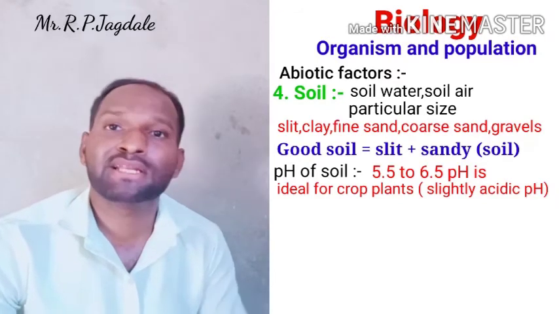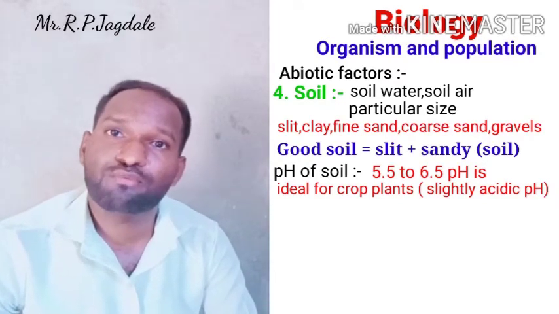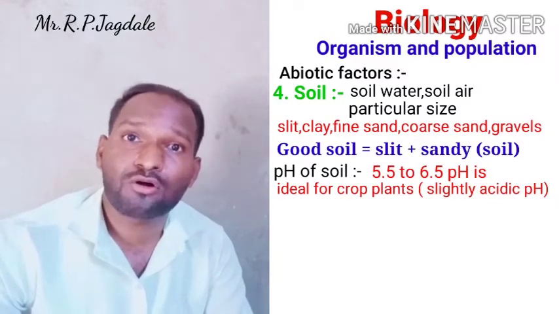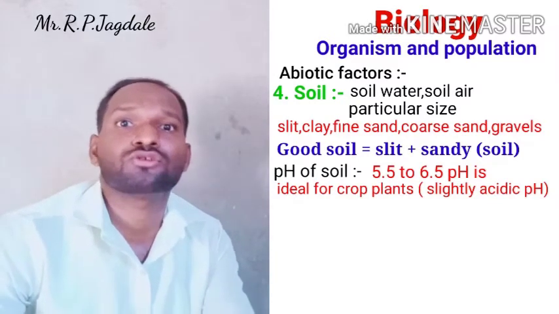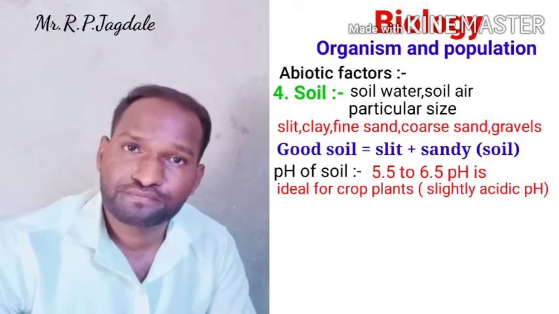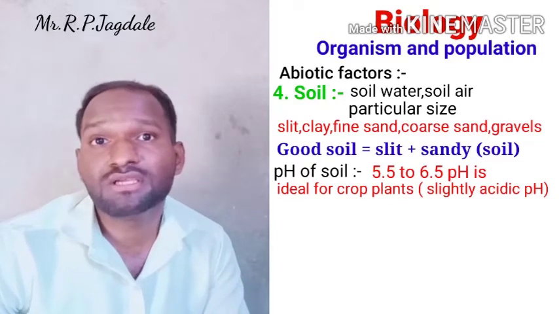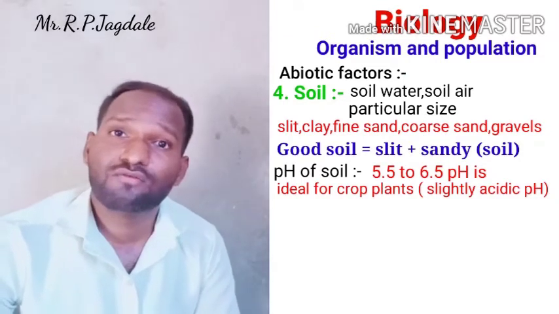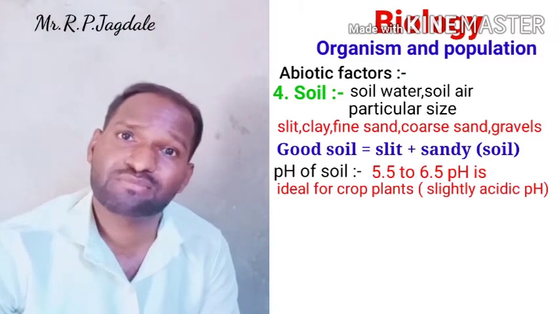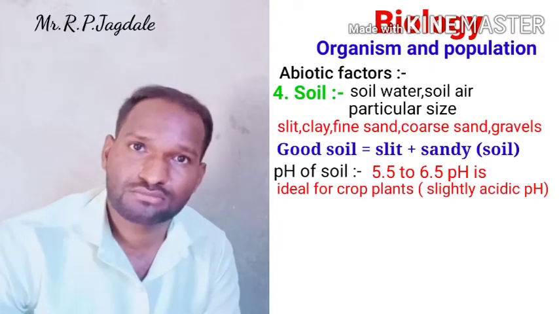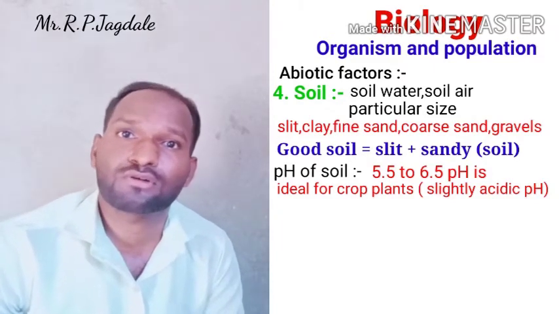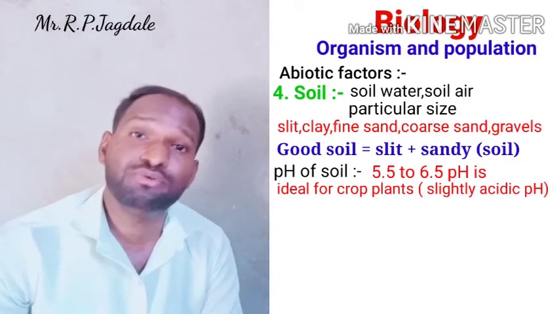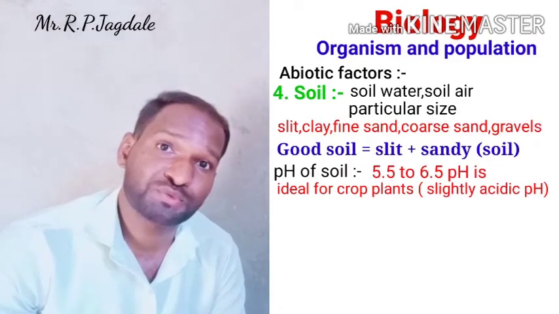Generally a pH of 5.5 to 6.5 is ideal for crop plants for more production of whatever they are farming. This is a slightly acidic nature, which is required for crop plants for better production. So soil should have a pH of 5.5 to 6.5.